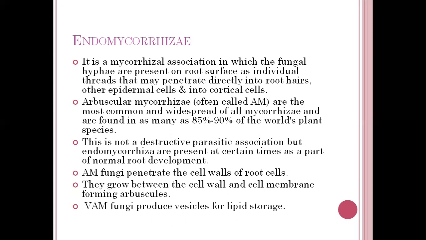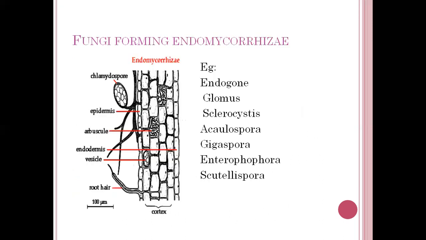So the fungal hyphae enter inside the root cells, the cortical cells, and they grow between the cell walls and cell membranes, forming the arbuscules. So the VAM fungi produce vesicles for lipid storage. These are the specific types of endomycorrhiza which produce vesicles specialized for lipid storage.